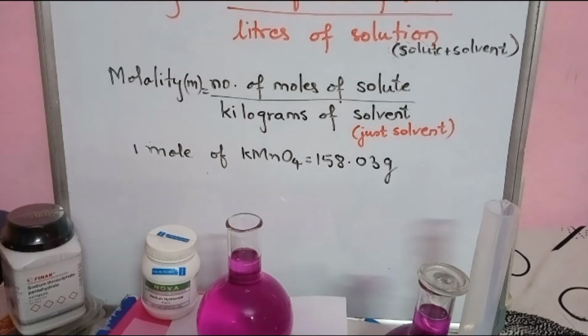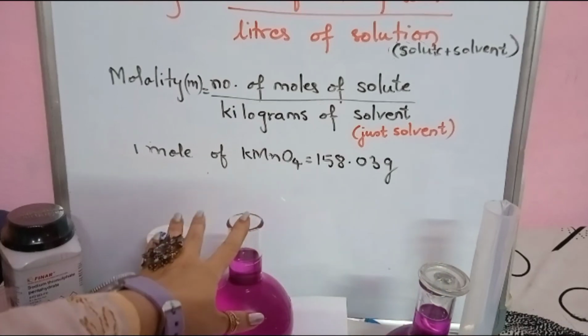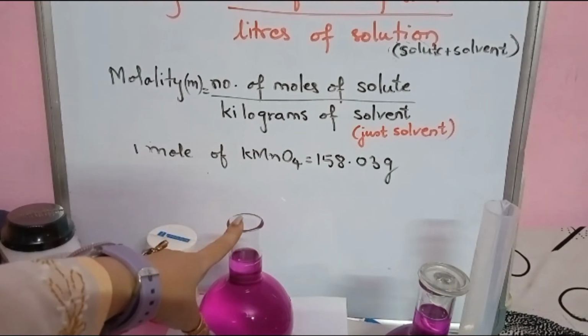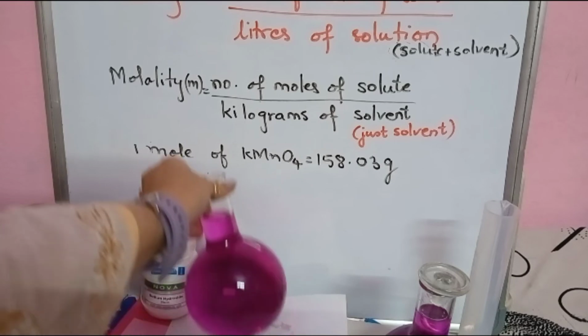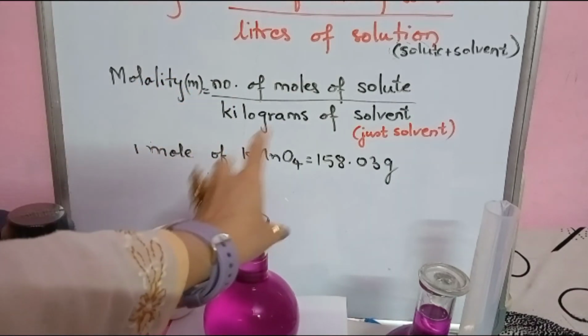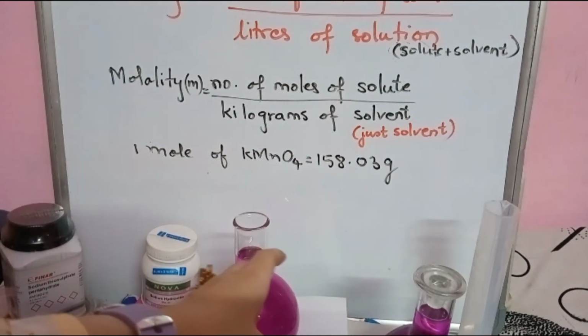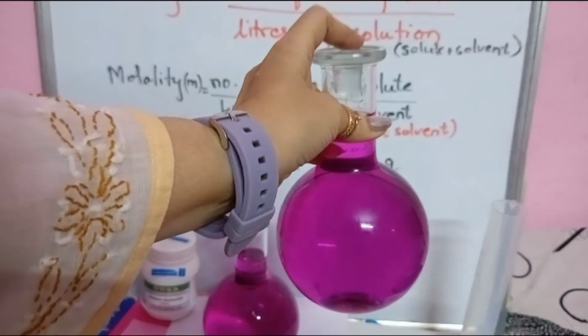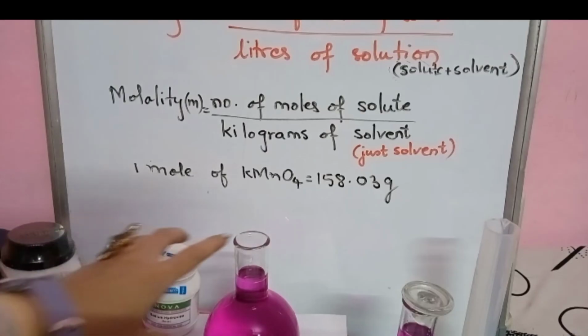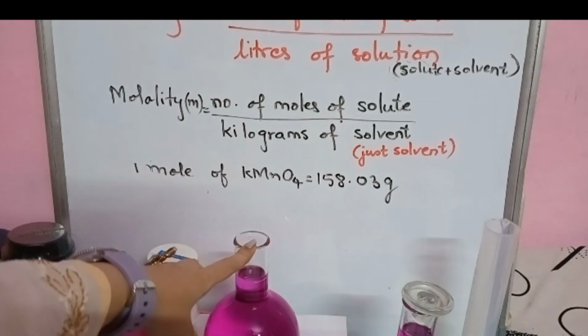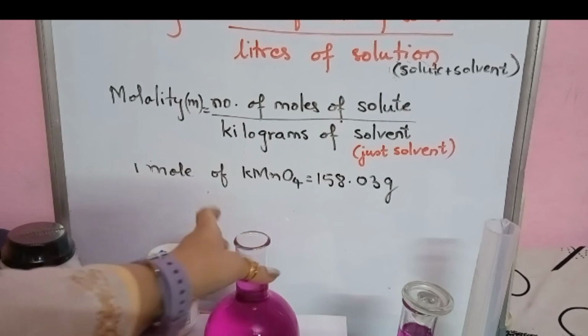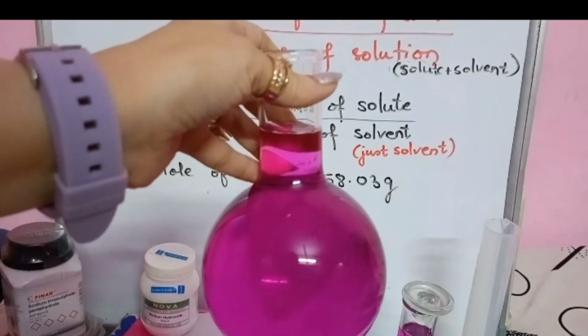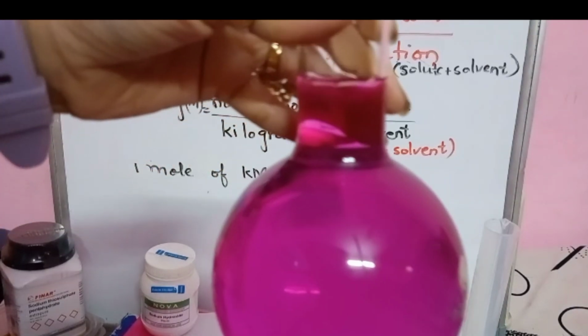So the point is, here I mixed the solute and the solvent together in making the 1 molar solution, and then increased the volume of both of them together until it reached 1 liter.